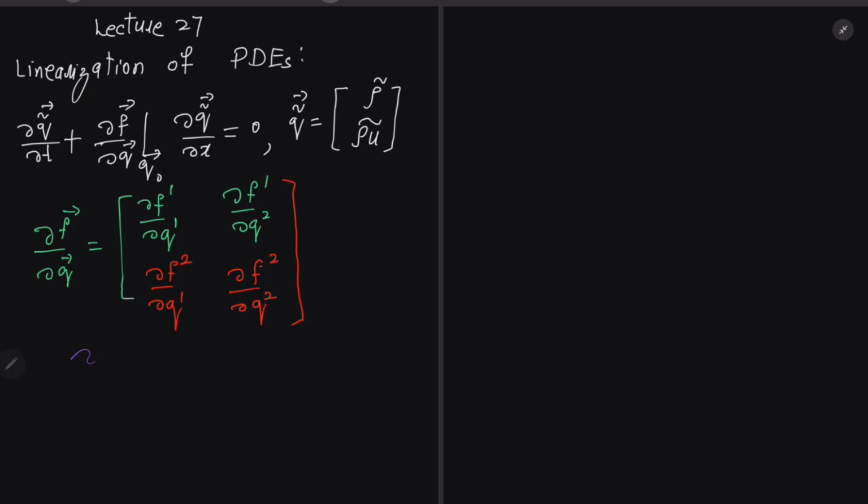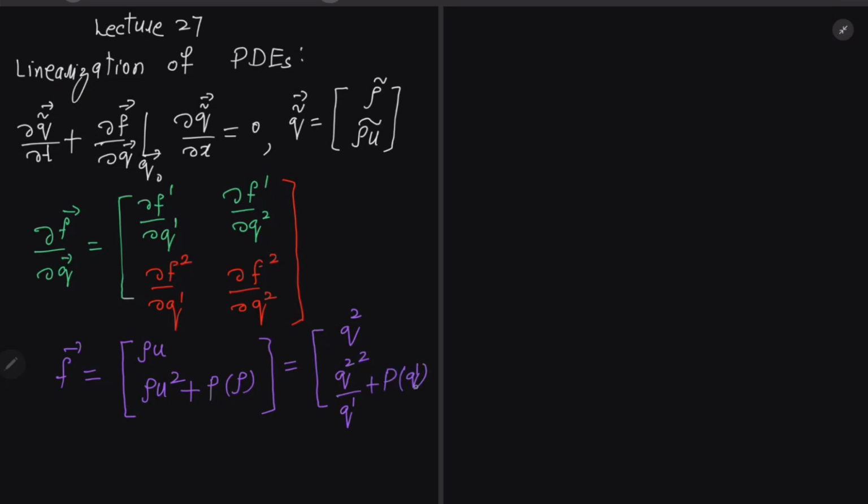For example, for vector f, we had f1 as rho u, and then we had rho u square plus pressure P, which is a function of rho. And when we write this in the form of q, f1 is q2, the second variable, and f2 is q2 square divided by q1 plus p of q1.